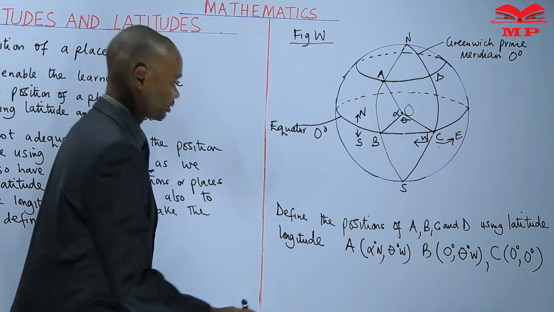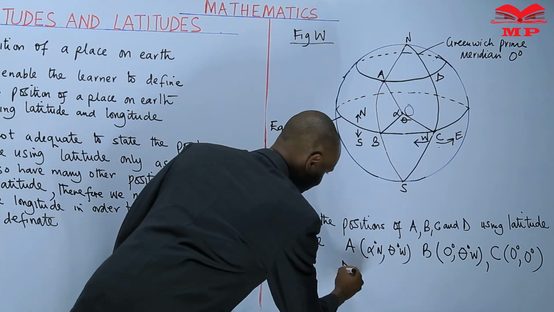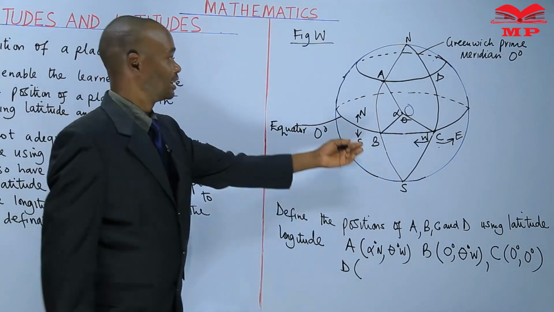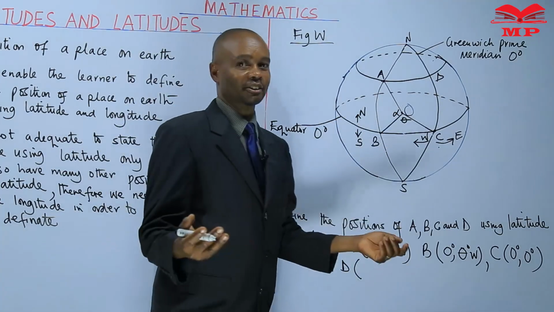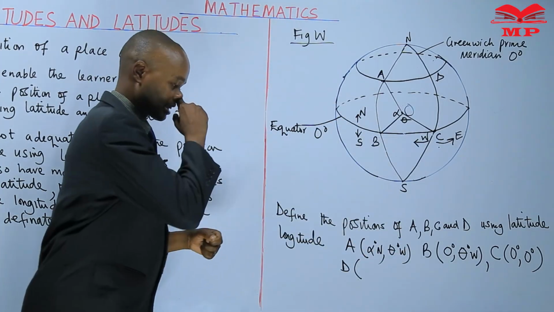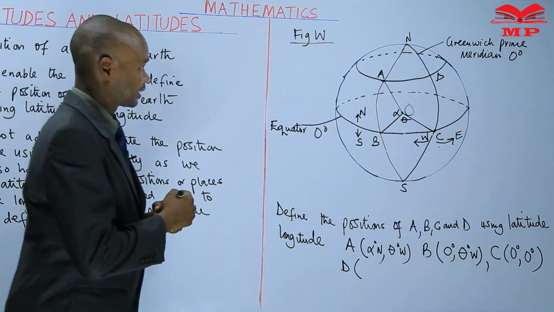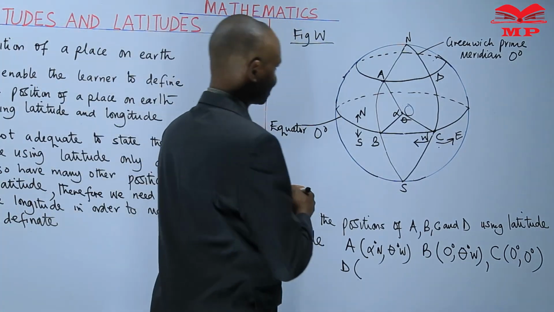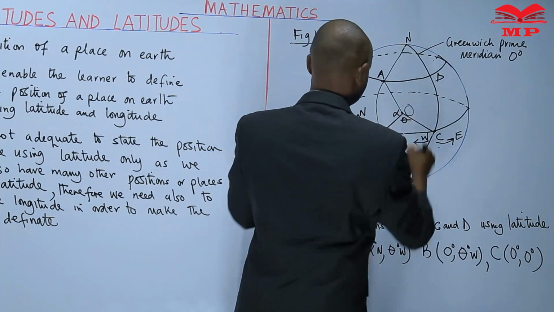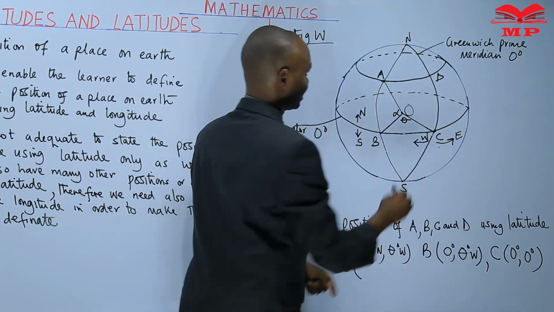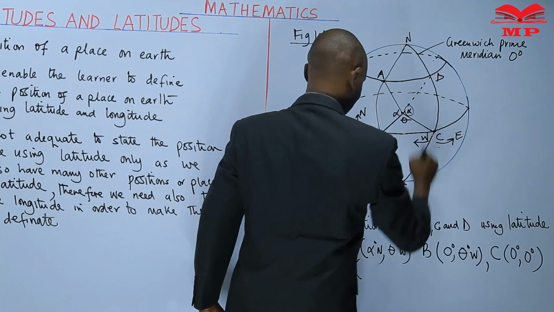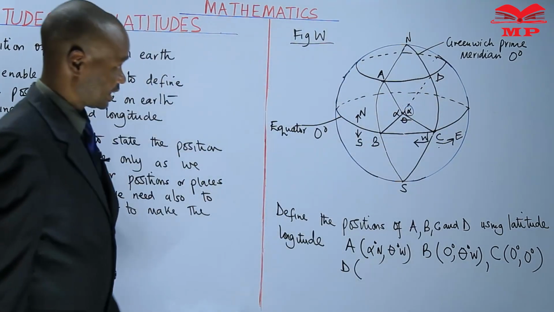So you come to D. Come to D, Lana. So I've used alpha, but this can be any angle, 60 degrees, 40 degrees, like that. D, I start with the latitude. Given that it is on this same latitude, it will be the same latitude as A. You realize that? That angle will also be alpha.